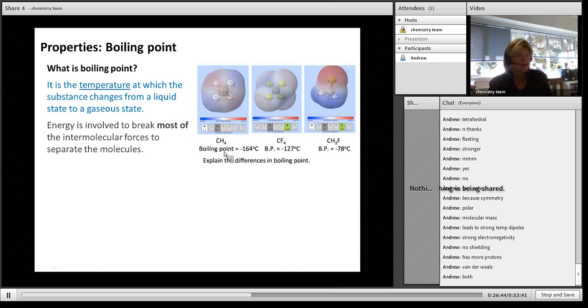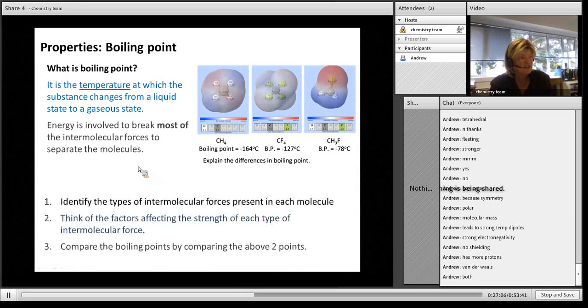So if I have this, here is the boiling point of methane, minus 164, CF4, non-polar you can see as well, minus 127, and CHF3 minus 78. So explain the differences in boiling point. What you would have to say is, first work out the intermolecular forces present.